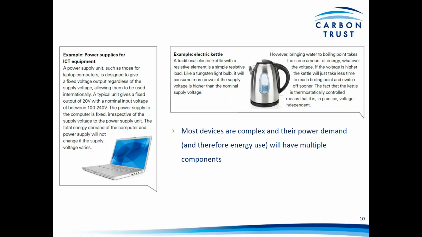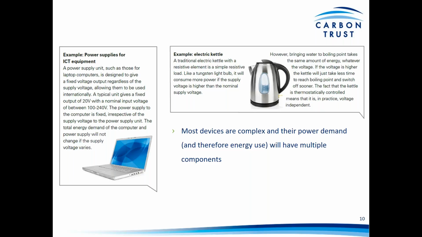Couple more examples here. So one I mentioned briefly earlier is a power supply unit for a laptop. So these are designed to give a fixed voltage output regardless of the supply voltage, which allows them to be used internationally. So a typical unit gives a fixed output of 20 volts with a nominal input voltage of anywhere between 100 and 240 volts.